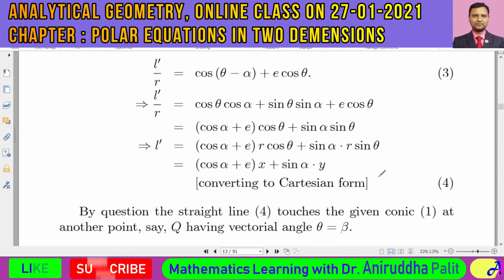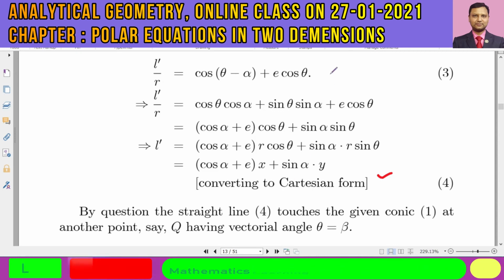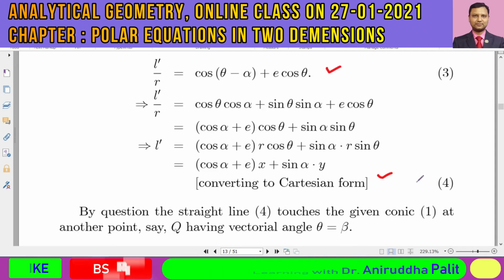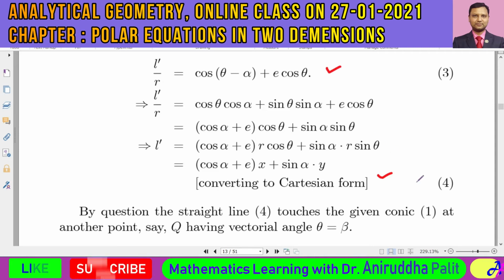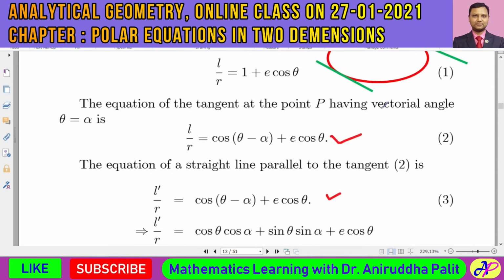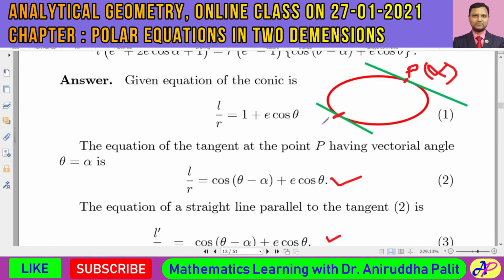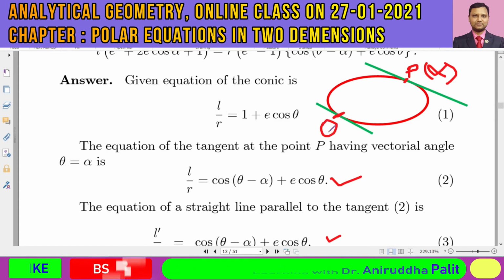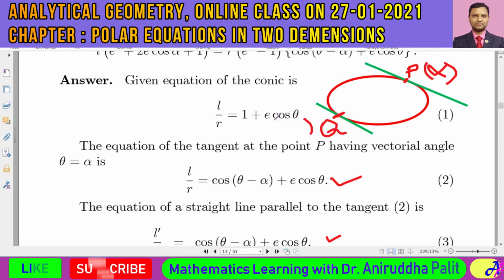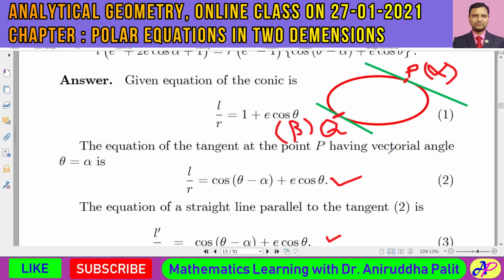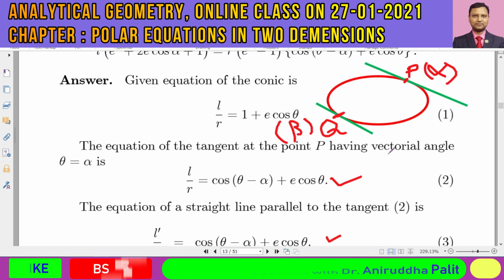We can say that this is equation number 4, the Cartesian form of equation number 3. Suppose the point at which the second tangent touches is called point Q, and suppose this point Q has the vectorial angle beta.